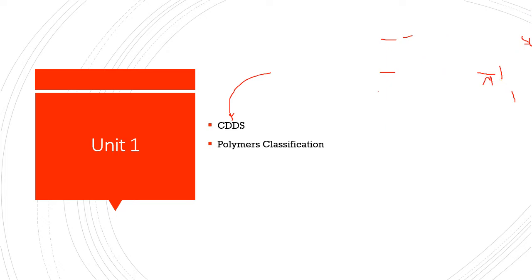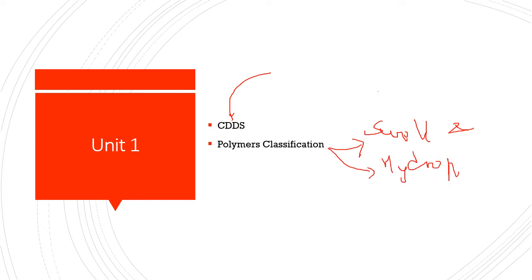Also, you need to know the classification of the polymers. Polymers can be classified on the basis of their swellability, swellable and non-swellable, on the basis of hydrophobicity, hydrophilic and hydrophobic. They can be classified on the basis of the charges present, cationic or anionic. They can be classified on the basis of source, natural, semi-synthetic, synthetic.